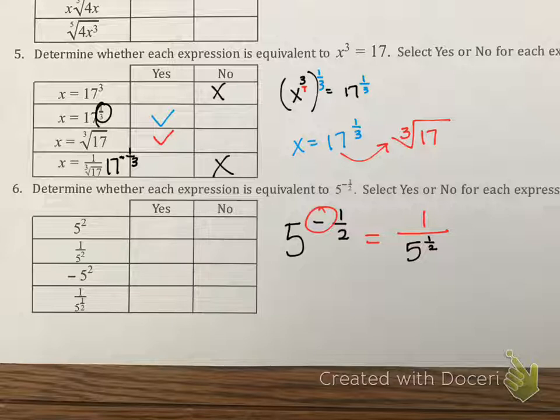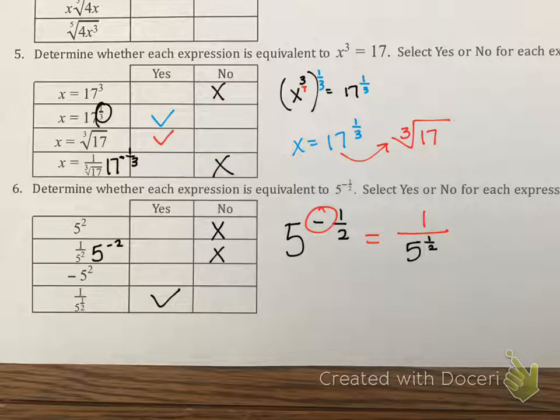Is that an answer? Yep. That's the last one. 5 squared is not the same, and I can look because 5 squared and 5 to the negative 1/2 have the same base, but their exponents don't match, so that's a no. The second one would be correct if I had 5 to the negative 2, which I don't. I have 5 to the negative 1/2, so that's also a no.